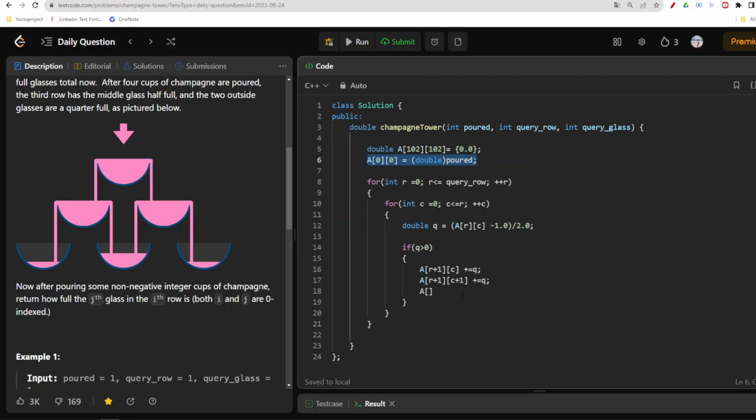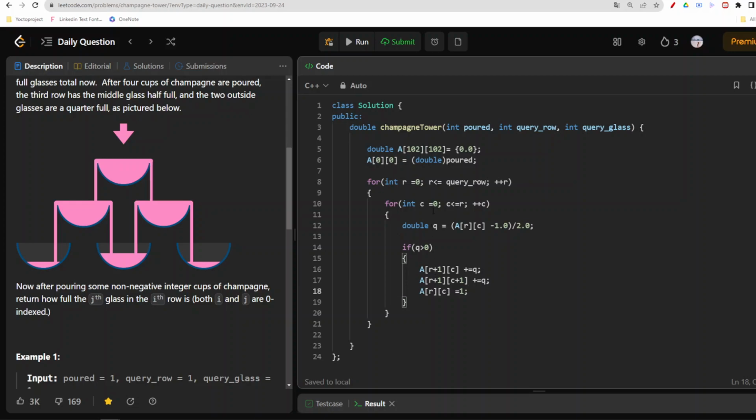But after we pour this much portion from that glass, we are required to get its value corrected, meaning it can at max store just one glass. So that's why we are making it rc equals 1.